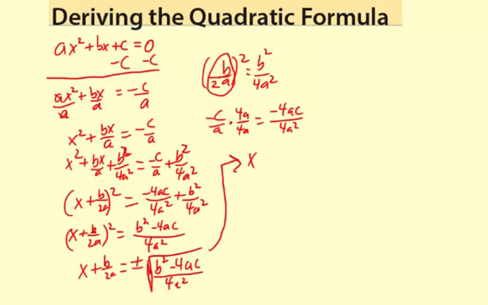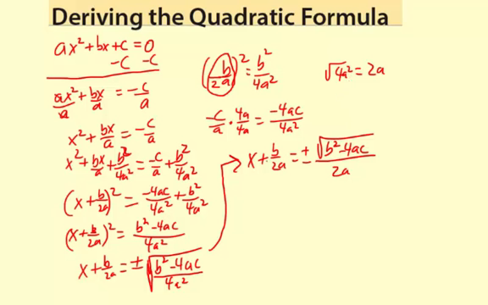Going over here, x plus b over 2a equals plus or minus, and this 4a squared is a perfect square because 2 times 2 is 4 and a times a makes a squared. So I can simplify: square root of b squared minus 4ac all over 2a. So I simplified this radical in the denominator. I took this radical 4a squared and made it just 2a without the radical, because 2 times 2 makes 4, and a times a makes a squared.